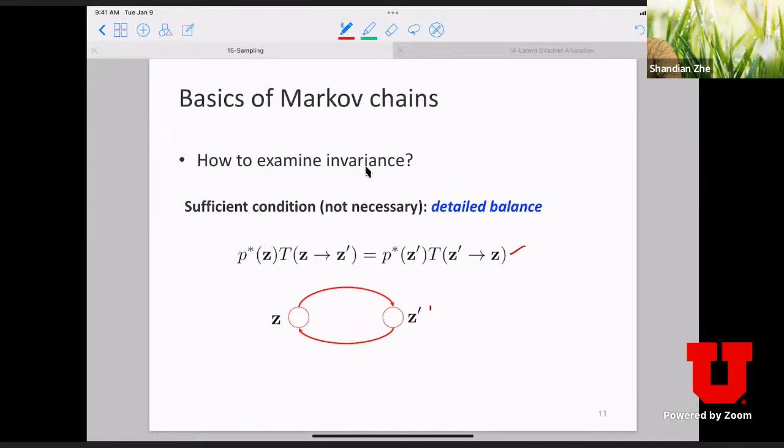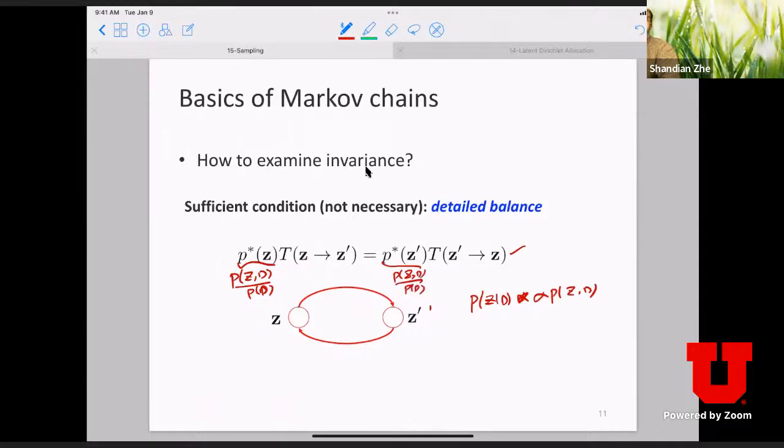Because the true posterior is always proportional to the joint distribution. So you can represent the true posterior in terms of the joint distribution divided by the marginal distribution of data, on both sides.